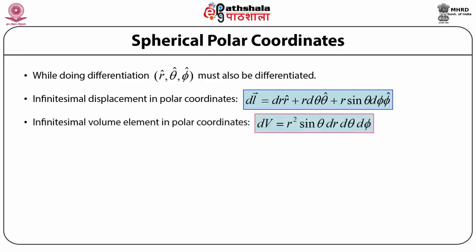And the infinitesimal volume element in the spherical polar coordinate system, that is dV, is equal to r squared times sine theta times dr times d theta times d phi.